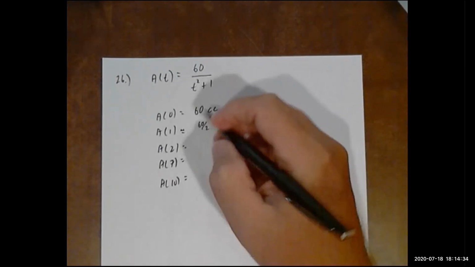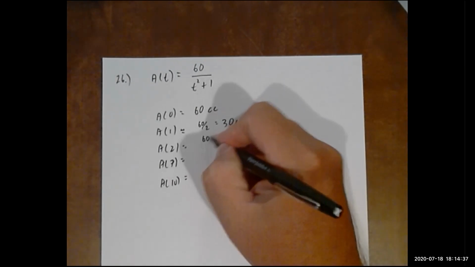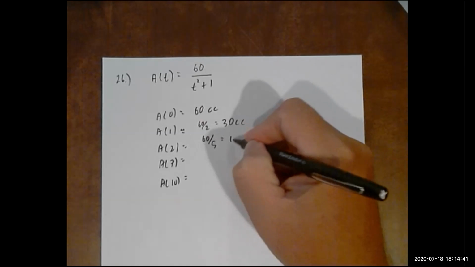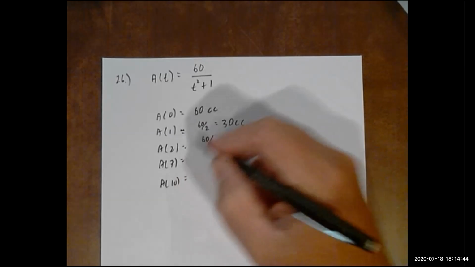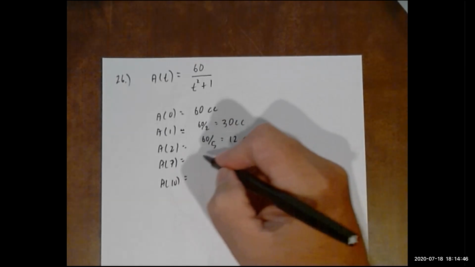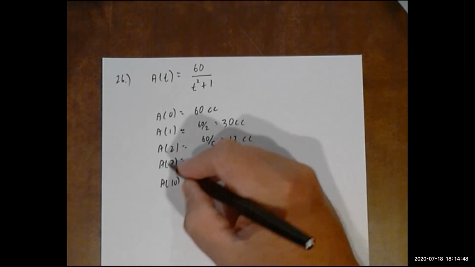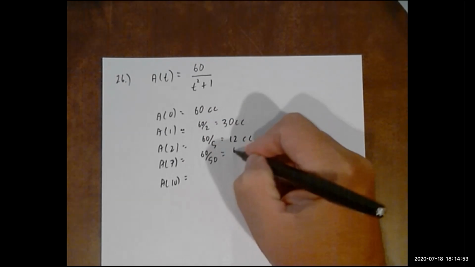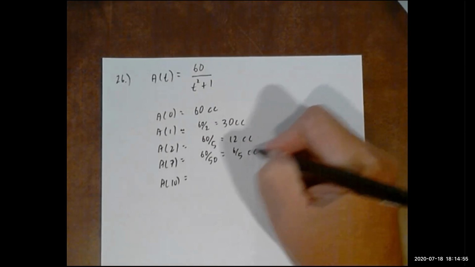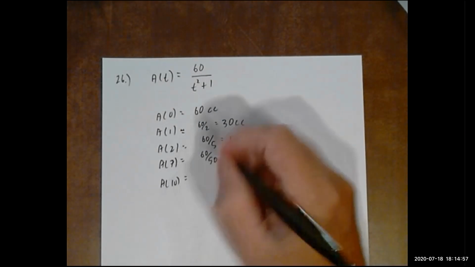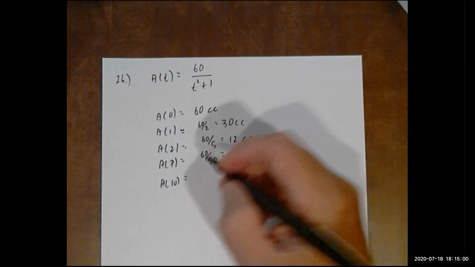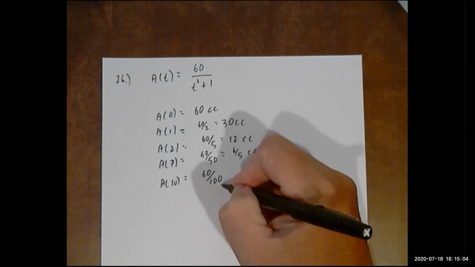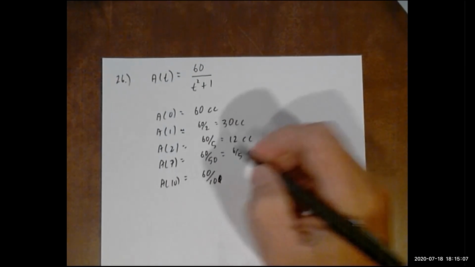You plug in 2. 2 squared is 4. 60 over 5. It's 12. Plug in 7. 7 squared is 49. 49 plus 1 is 50. So it's 6/5. And you plug in 10. 10 squared is 100. 60 over 101, which doesn't reduce actually.